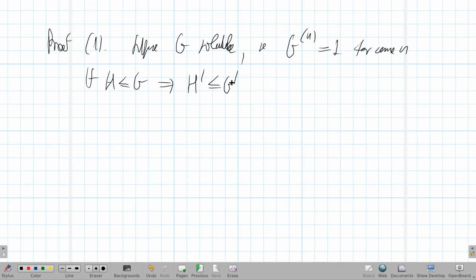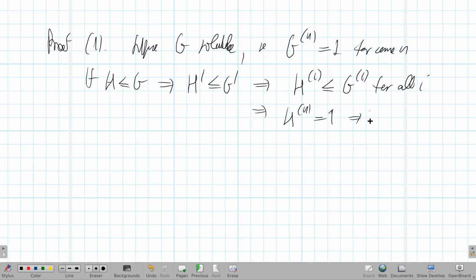Perhaps we already used this, simply because this is generated by all commutators of elements of H. But the elements of H are elements of G, so of course this is contained here. And this implies that H^(i) is contained in G^(i) for all i, because you go on and get this. And so in particular, H^(n) is 1. So H is soluble.